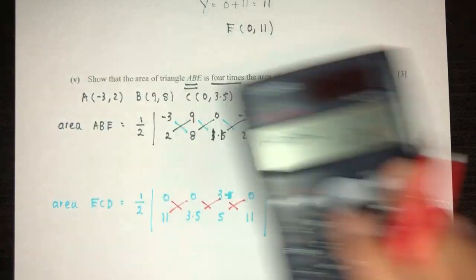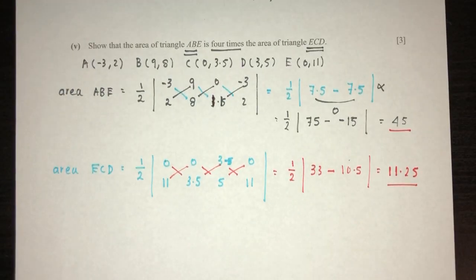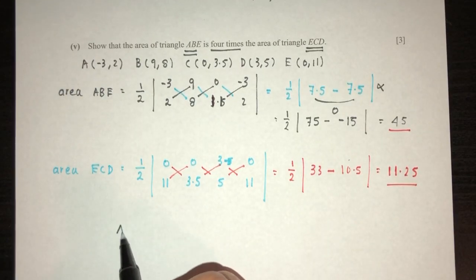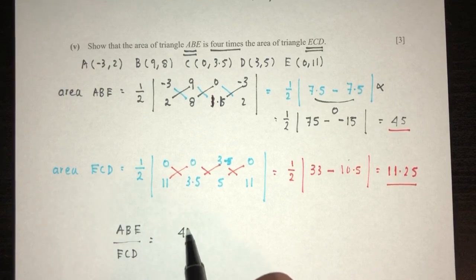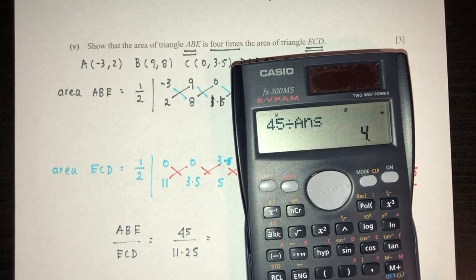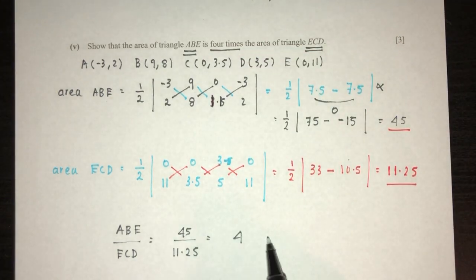So let's find out if that is true. So we have to find the ratio of triangle ABE divided by ECD. It is 45 divided by 11.25. It is 4 times. So you have shown that it is 4 times as big as the other one. That is for question number 8.